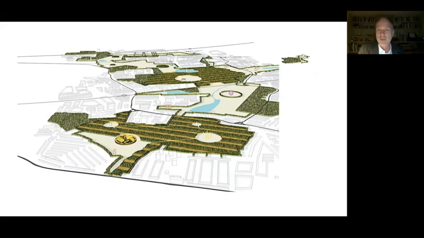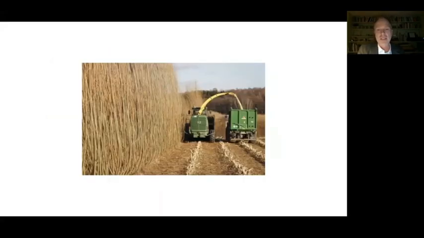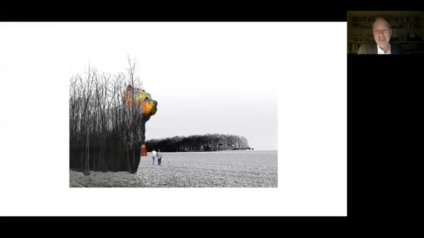But that also becomes this very plastic landscape that's moulded to create a shifting set of venues. So here's the process of coppicing the willow, and this is the kind of crop circle that might be made.